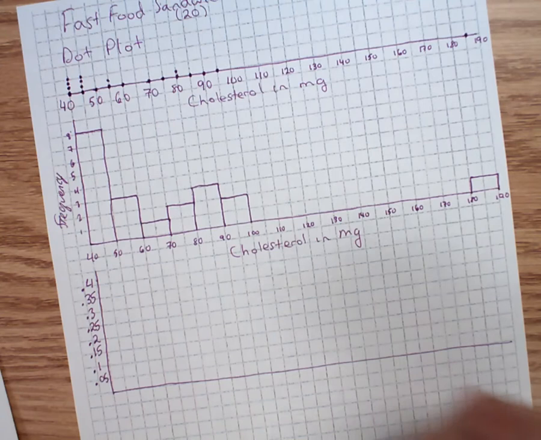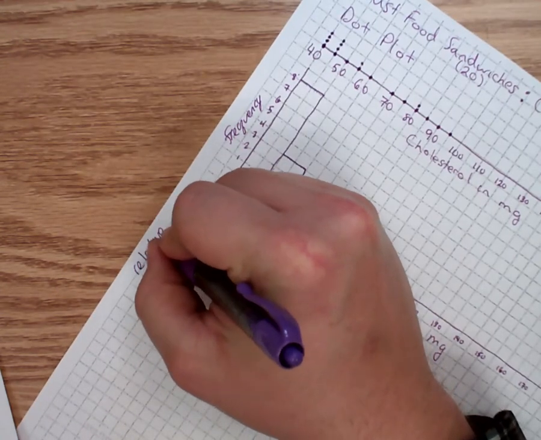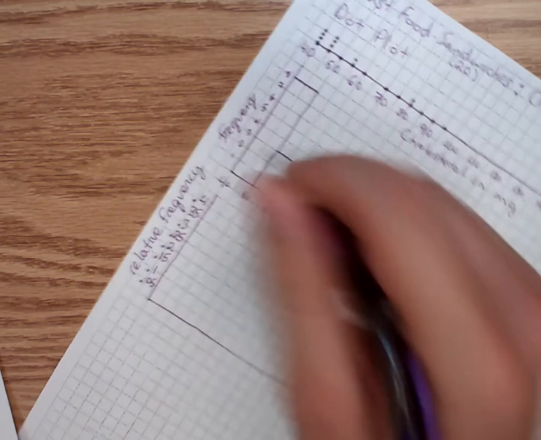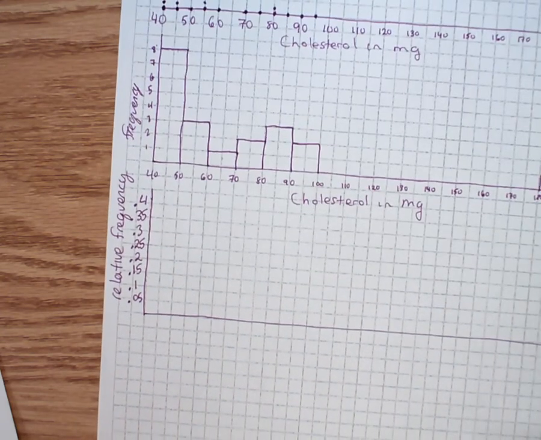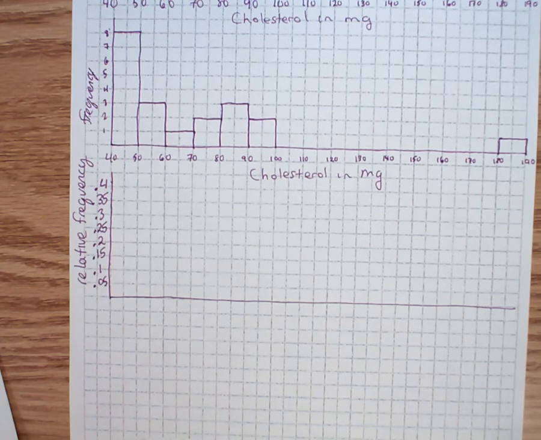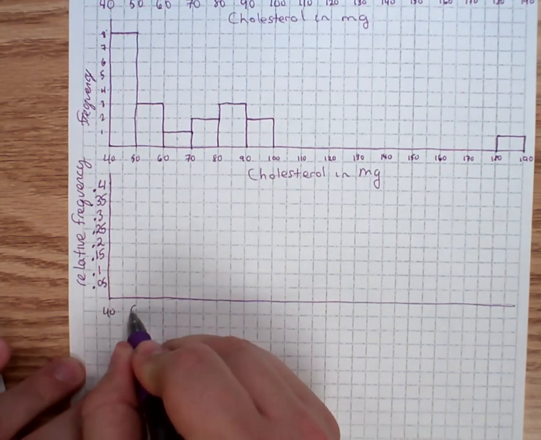So we're going to have to label this side relative frequency. How far do I have to go down to make it then? 8. And our scale on the x-axis is going to be the exact same. 40 to 50.